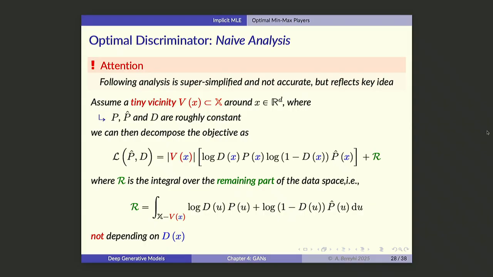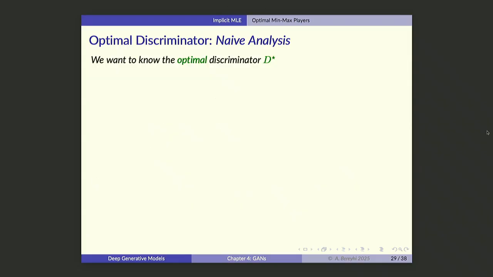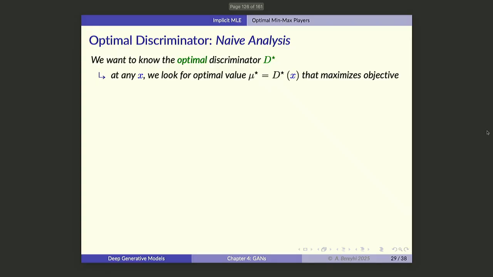Okay. Now, if I want to find the d star, the optimal function, the thing that I can say is that if I'm looking at any single point x, I can do the same decomposition that I showed you. Then I can go ahead and find the optimal value of dx.